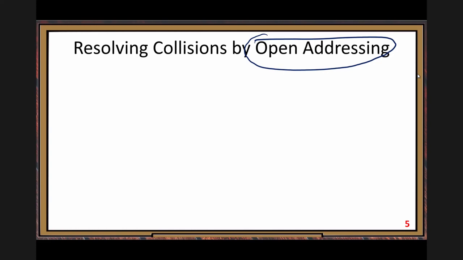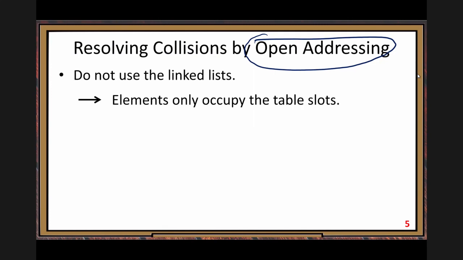When one element is hashed to a slot that is already occupied, you can go to other empty slots, but you need to follow some order. So here we do not use the linked list.